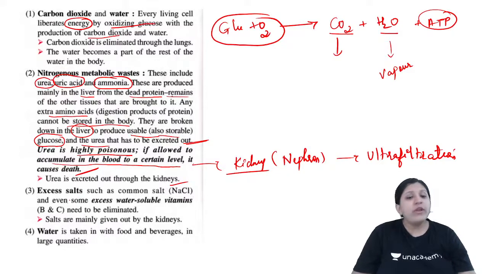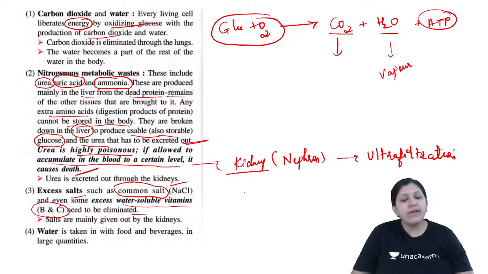Now when we mention excess salts, such as common salt, if we are consuming too much salt, anything in excess can also be removed through the urine itself. Even some excess water-soluble vitamins, such as vitamin B and vitamin C, need to be eliminated.